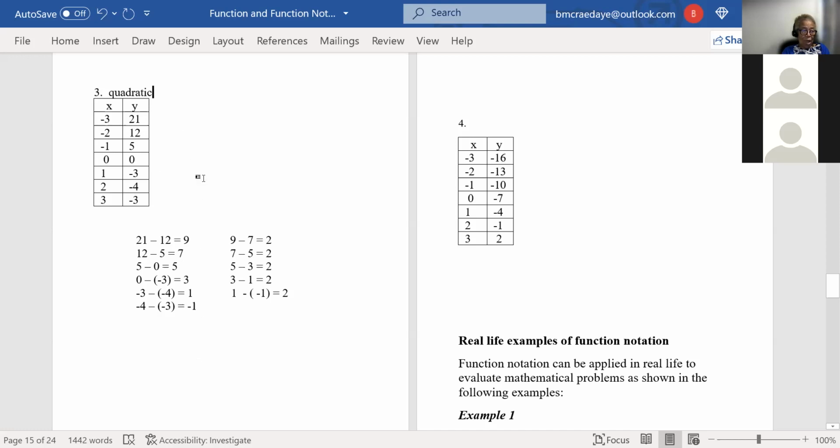When they're not, you take the difference of the differences, the second difference. That second difference is the same, so it is quadratic. Got it?